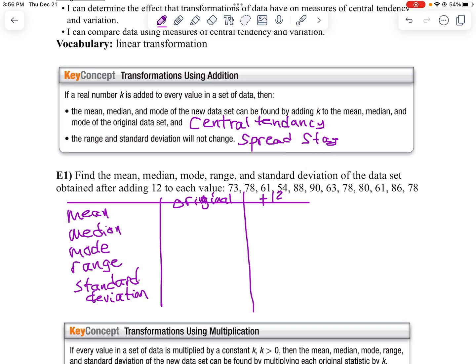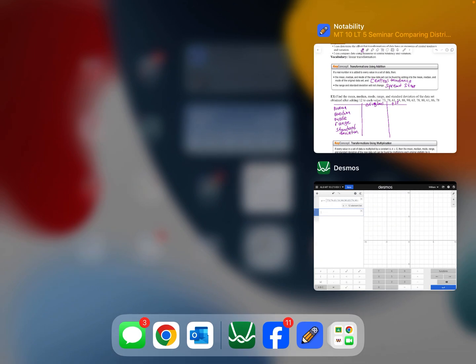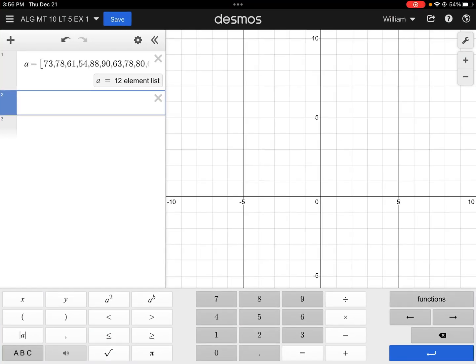So let's take a look at our mean. There are 12 numbers. We could almost do this by hand, but if you go to Google Classroom, I put the data set in Desmos for you so you can save yourself some time.